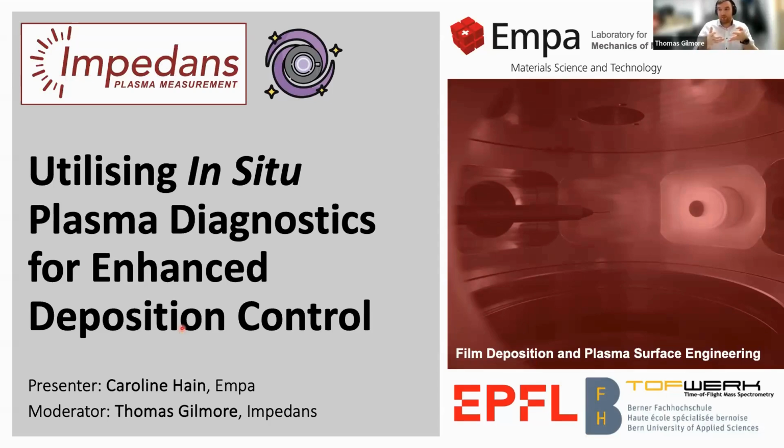Whereas with HiPIMS, you get the advantage of super high density and super high ionization fraction, and like you said, you can control the synchronization, so you can remove contaminants like argon getting into the surface. But a lot of these are really broadly applicable. It all depends in the end on what you need and what's available, but the concept remains quite similar throughout different deposition processes.